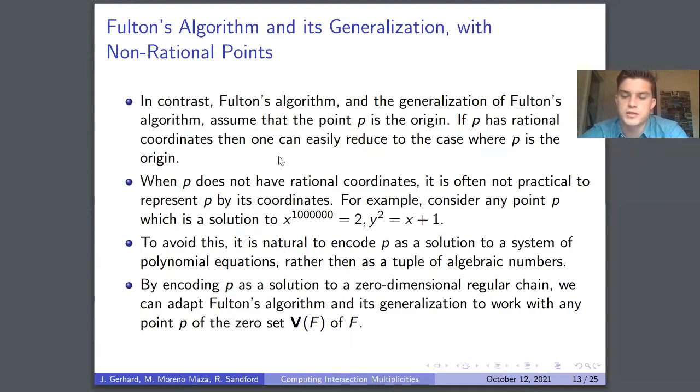One natural way to get around this is by encoding the coordinates of P as a solution to a system of polynomial equations. And that's what we do with this notion of a zero-dimensional regular chain, which is a system of polynomial equations. By adapting Fulton's algorithm to handle a zero-dimensional regular chain as input, we can compute any solution regardless of if it's in K or in a field extension of K.